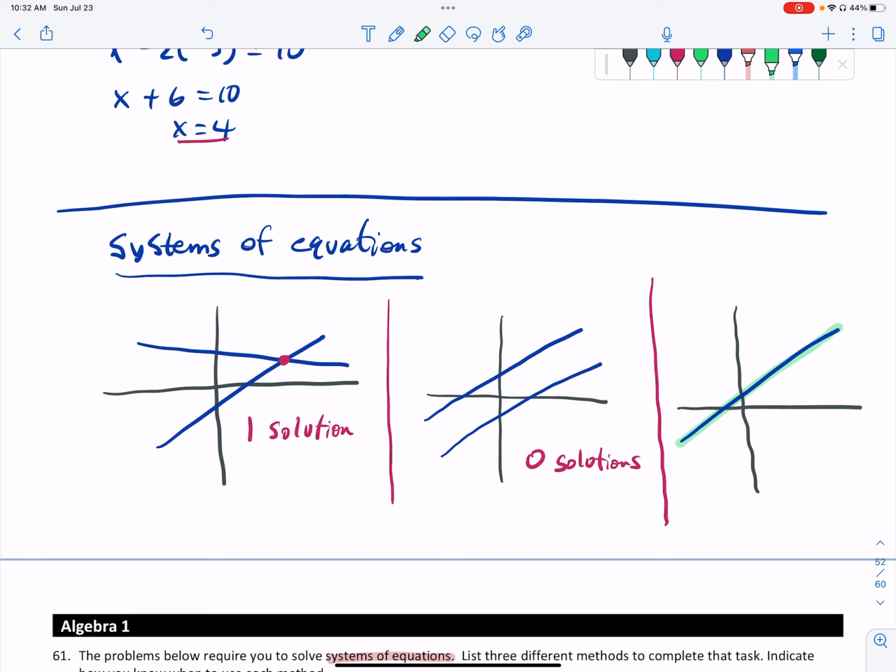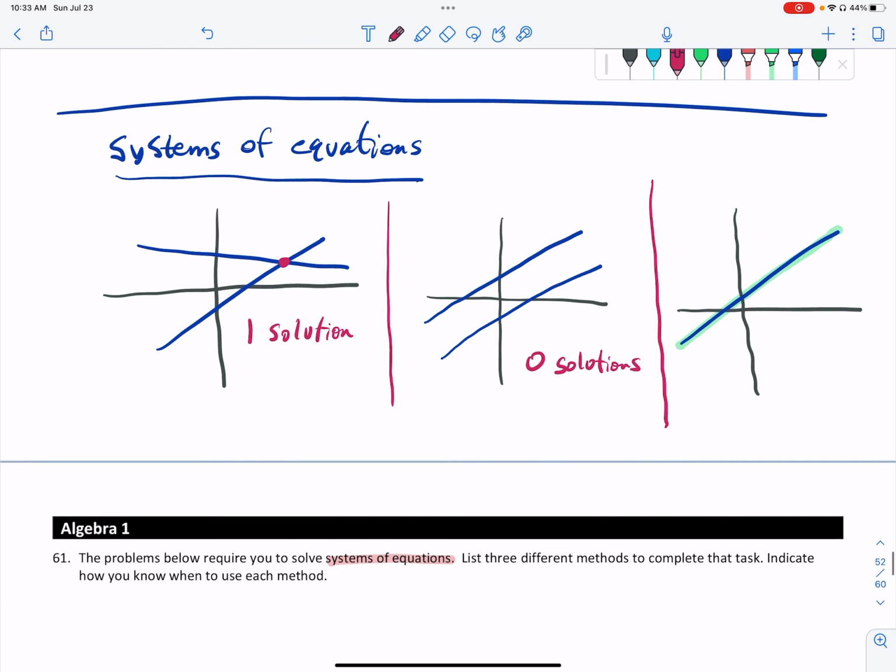I didn't realize it whenever I had my two equations, but one of them was a multiple of the other one, and in that case, I have infinitely many solutions. All the solutions that work with one equation work with the other equation. In other words, they also intersect an infinite number of times. So this is the case that we're talking about here.